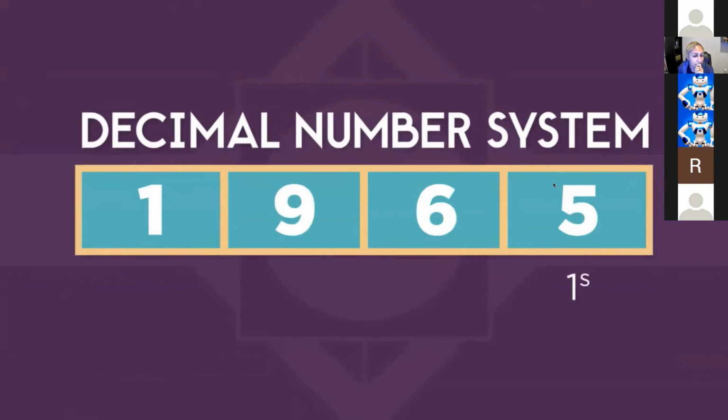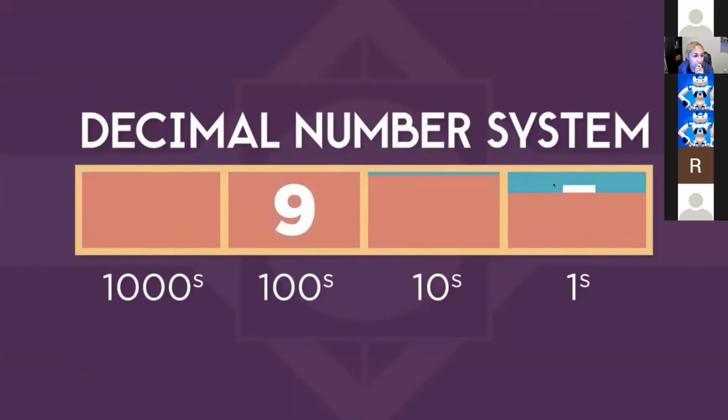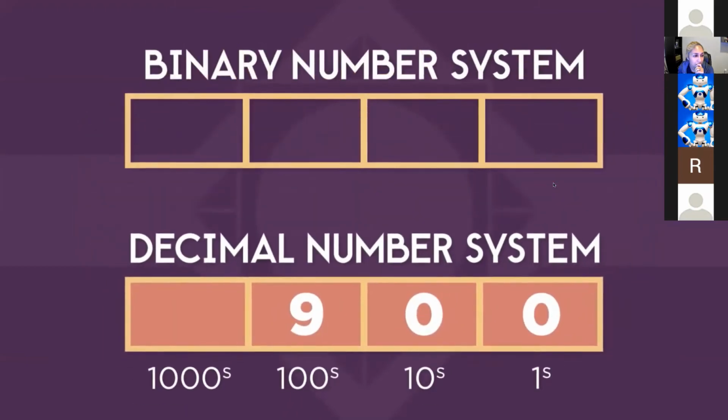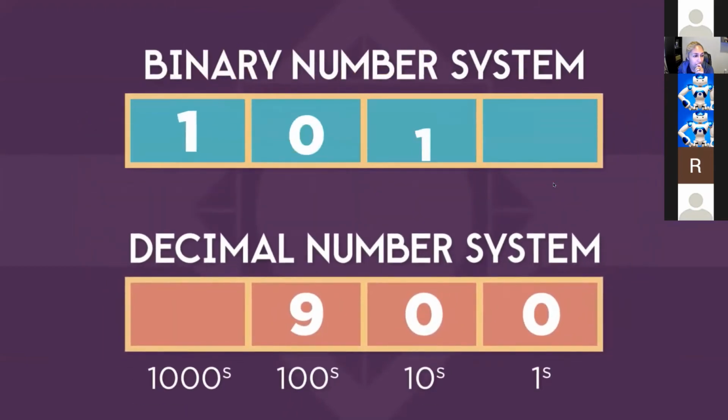There's the 1 position, the 10 position, the 100 position, and so on. For example, a 9 in the 100 position is a 900. In binary, each position also carries a value, but instead of multiplying by 10 each time, we multiply by 2. So there's the 1's position, the 2's position, the 4's position, the 8's position, and so on.